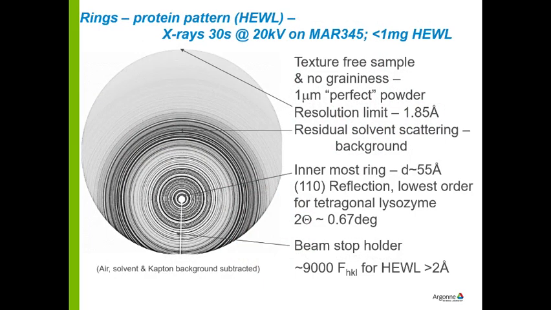And here's a powder pattern from a protein. The picture really doesn't even do justice to the original pattern, because you can see rings all the way out to the edge of the image. This position here is at about 1.8 angstroms d-spacing, and between here and here there's 9,000 reflections in that powder pattern.